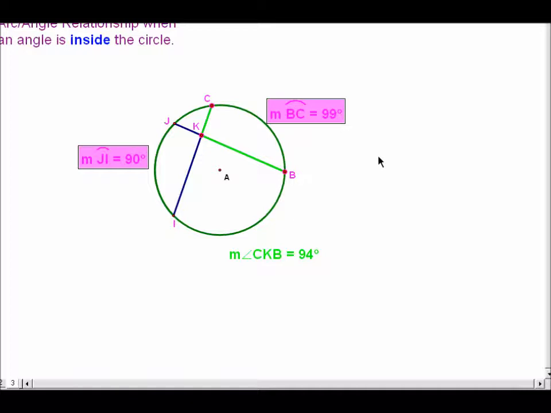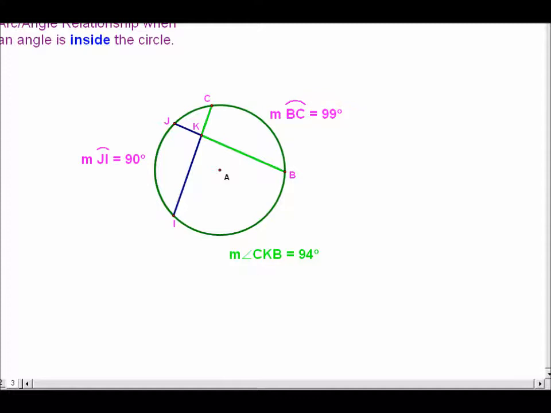So there must be some relationship between these two intercepted arcs and our angle K. It doesn't matter if we're looking at green angle K or blue angle K, they're going to be exactly the same measure because they're vertical angles. So if we look at 90 degrees and 99 degrees, we have 94, which is our answer. Looks like 94 is somewhere in between 99 and 90.